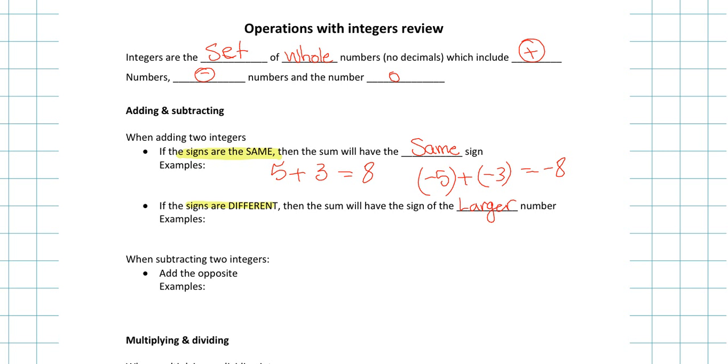Negative 10 plus 3 would equal negative 7. I'm subtracting my integers in this case because one is negative and the other one is positive. But at the same time, the answer is going to have the sign of the larger number.